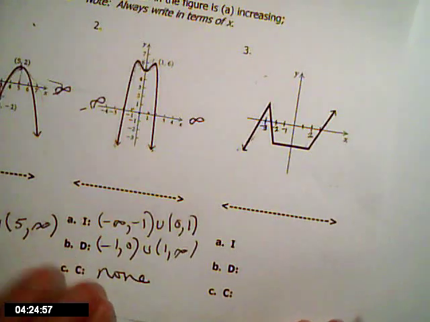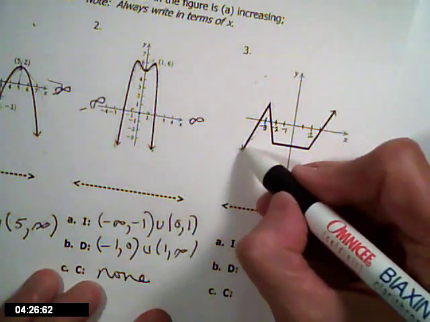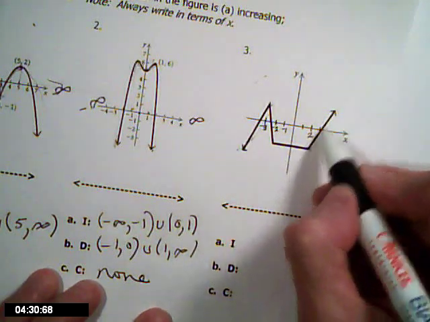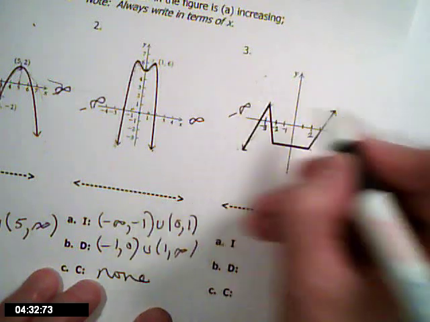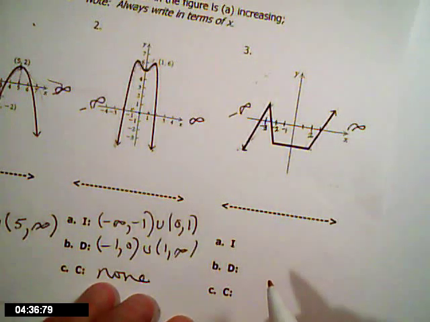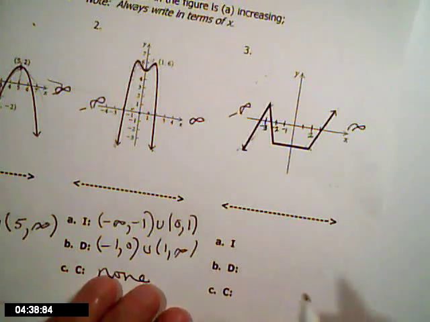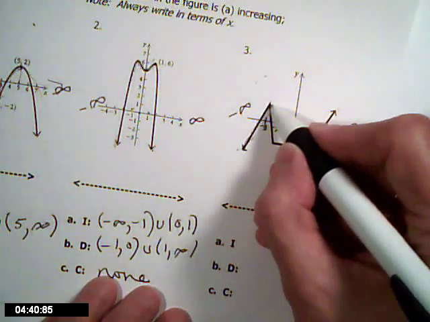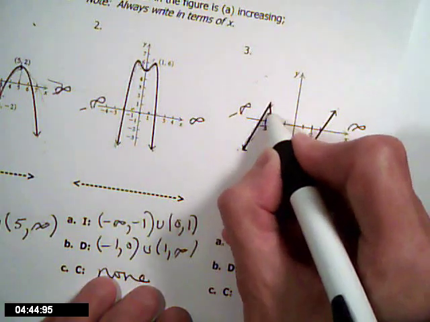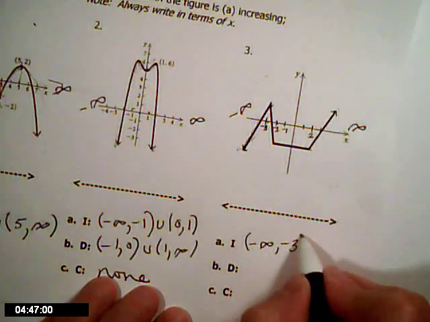In number 3, we first increase, decrease, constant, increase. But now remember, we're going from -infinity to positive infinity. You only pick out x values. Remember x. We increase from -infinity to this point, which has an x of -3.